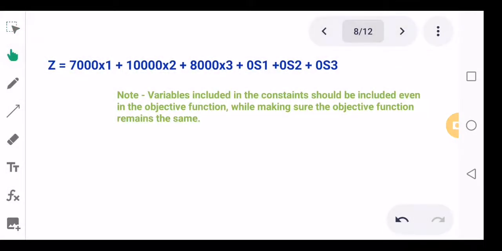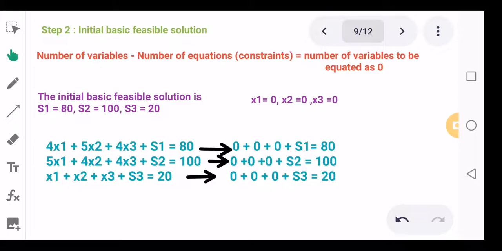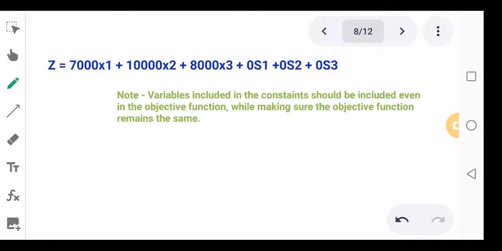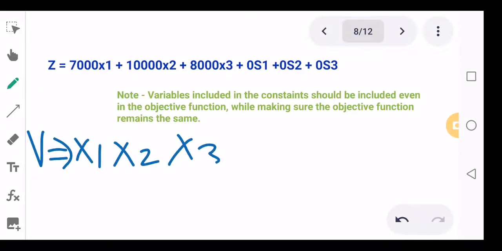Once we are done with this step, we need to find the initial basic feasible solution. To find that, we need to assume certain values to be equal to zero. So what you need to understand here is, how many variables are there? Totally there are 6 variables, which are x1, x2, x3, s1, s2, s3.